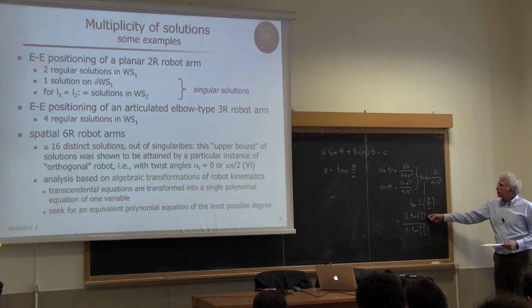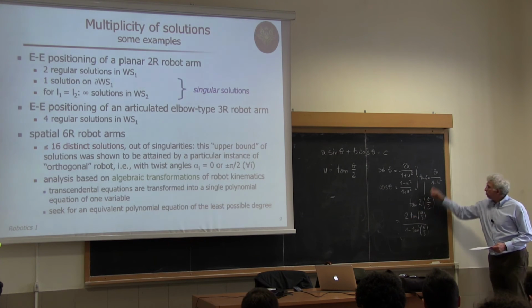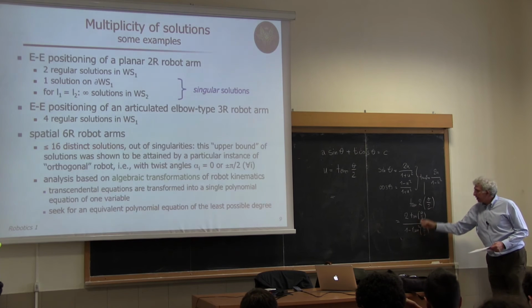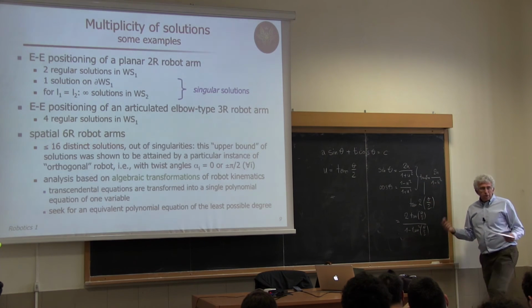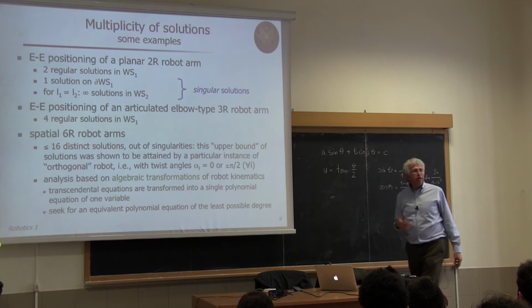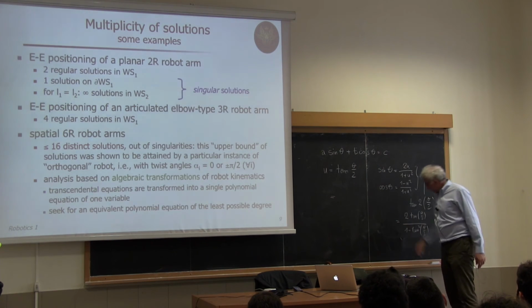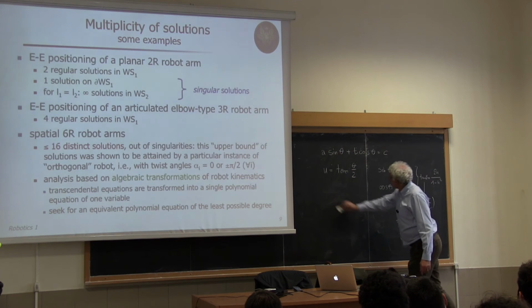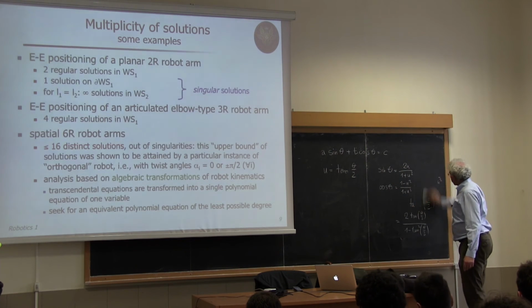Okay, and if you look at this, you see that this is 2u over 1 minus u squared. So you have imposed 2 conditions. So this is really the inverse of that.